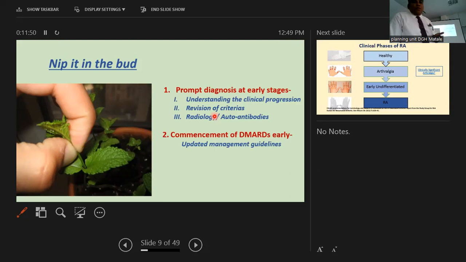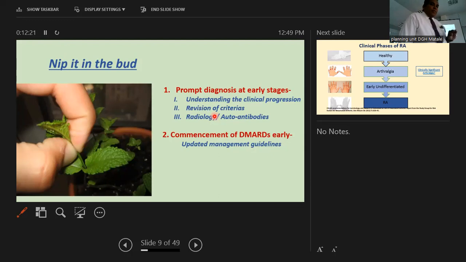One is prompt diagnosis at early stages. Under the prompt diagnosis, there are things. One, we have understood the clinical progression more. The second is the revision of criteria, and the ancillary investigations such as radiological investigations and autoantibodies, which help in the diagnosis of inflammatory arthritis, particularly rheumatoid arthritis.